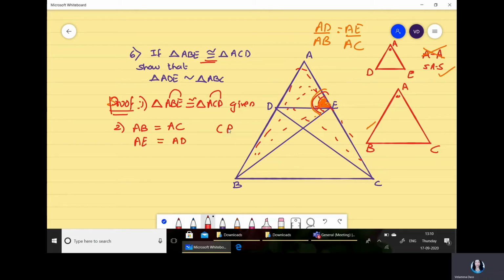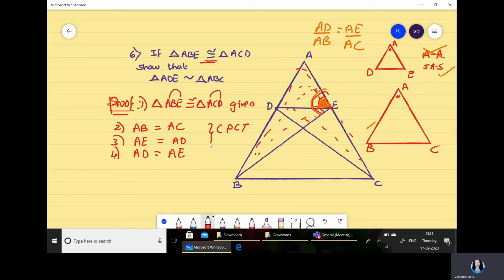This is by CPCT. But here they are given as equal sides, and we want them in proportion. So instead of AE equal to AD, we can write AD equal to AE, one and the same.